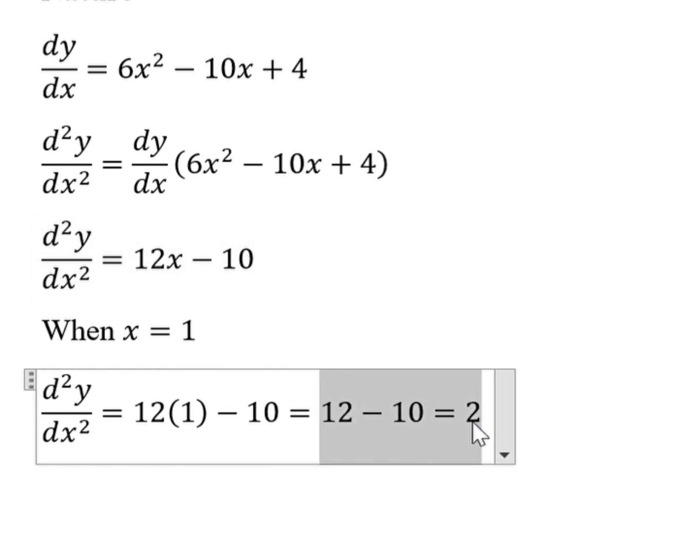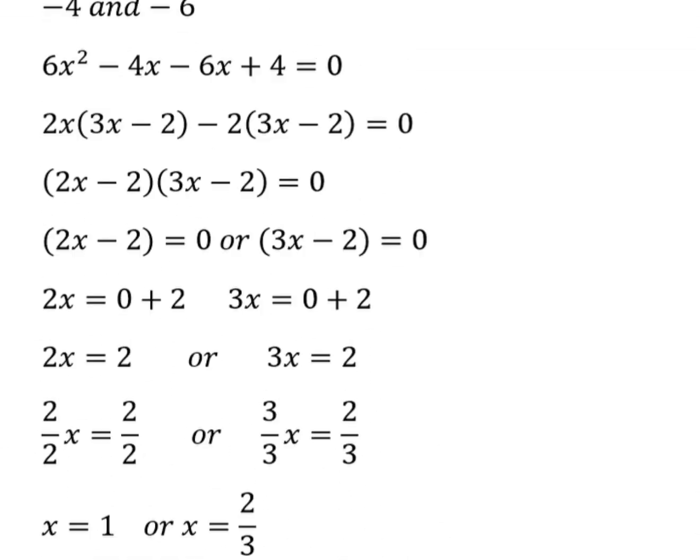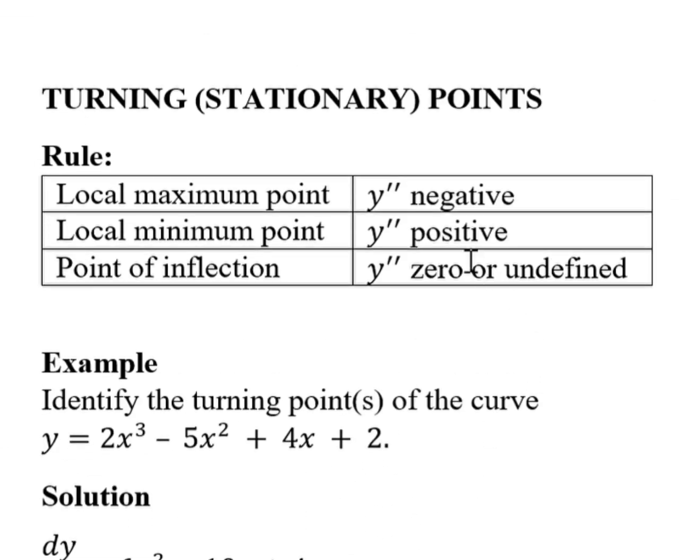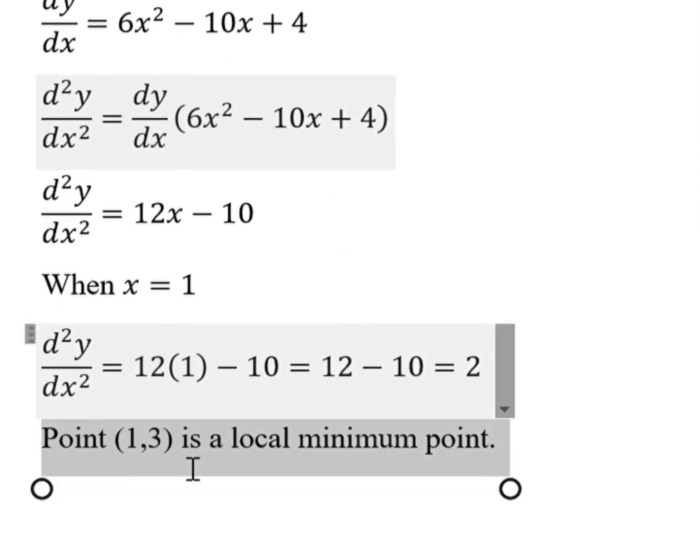You notice that this 2 is a positive number. And then we said up here, if we differentiate twice and get a positive value for the second derivative, it means that's a local minimum point. So that means that whatever we have found here is a local minimum point. In other words, (1, 3), which we have tested here, and given us a positive value, is a local minimum point.